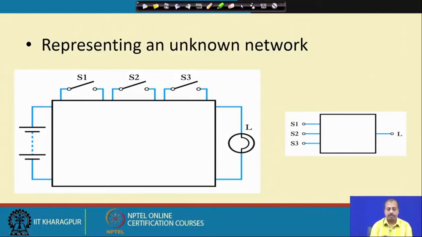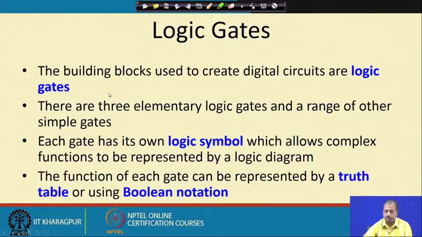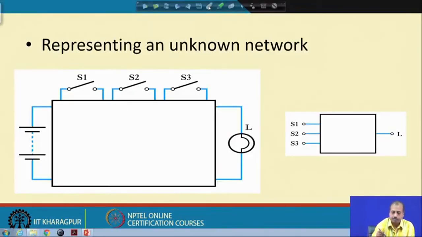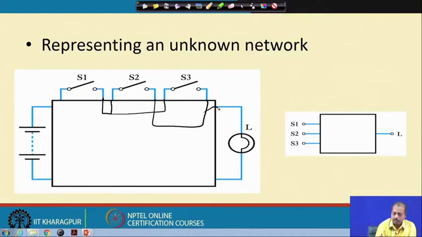It may be that the connection pattern is like this: from this point we have a connection that takes it to this as well as this, and then from this and this they are connected to the output point.